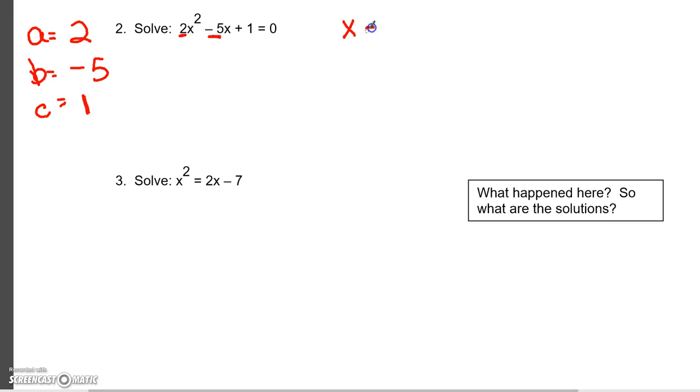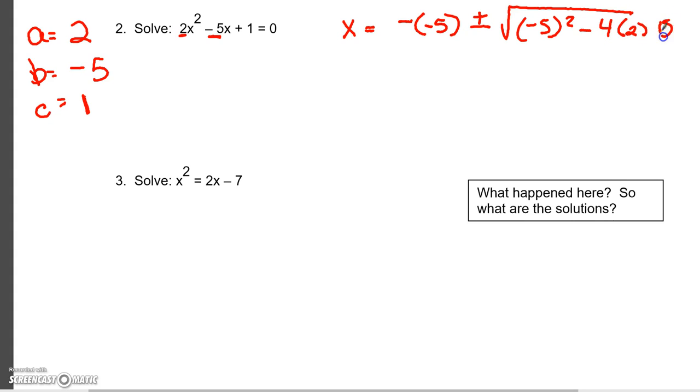So x equals the opposite of B plus or minus the square root of B squared, make sure you put that in parentheses, minus 4 times A times C, all over 2 times A.